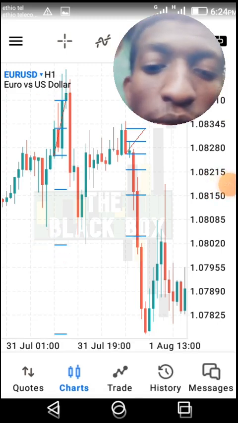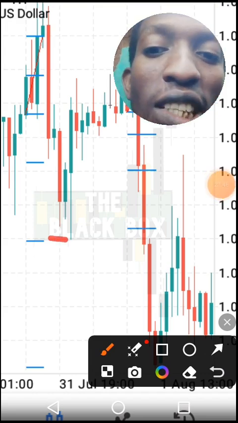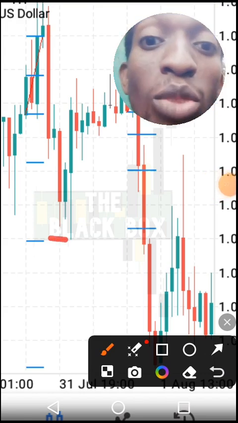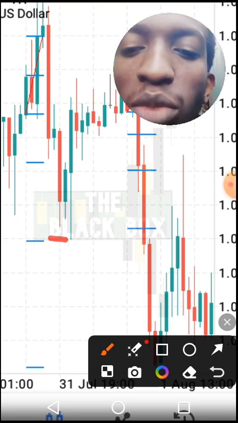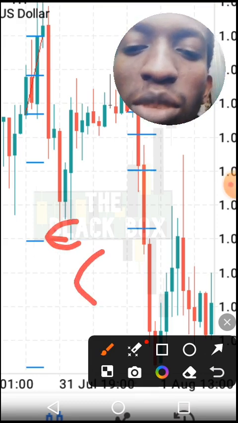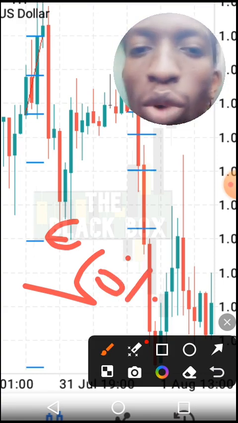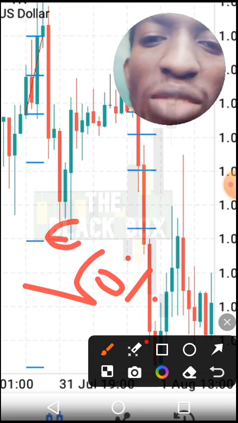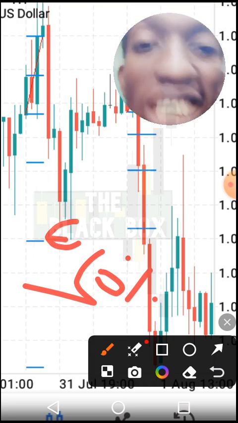Look, exactly at TP2, what happened? A pullback. It is a pullback. That's why we take partials. You can take 50% if you want. If you are shaky, like whoa, oh my god, what if it reverses on me? What if it eats my profit? What if it hits my stop loss?